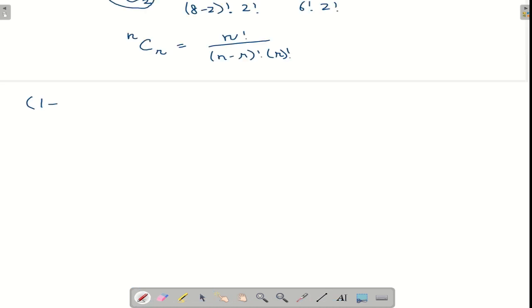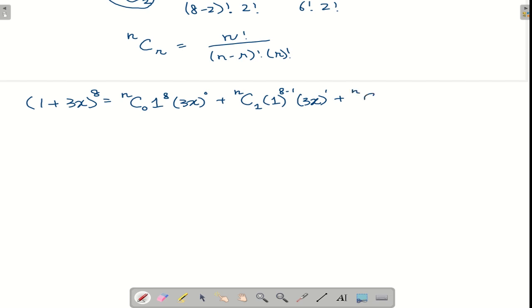We have (1 plus 3x) to the power of 8 is equal to nC0, 1 to the power of 8, (3x) to the power of 0, plus nC1, 1 to the power of 8 minus 1, (3x) to the power of 1, plus nC2, 1 to the power of 6, (3x) to the power of 2, plus, with n equal to 8, 8C3, 1 to the power of 5, (3x) to the power of 3, and so on.